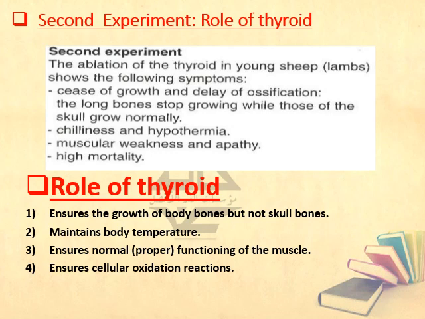It's important for the development of proper body bones, for maintaining our body temperature constant, for maintaining the proper functioning of the muscles, and for keeping the oxidation reactions taking place in a proper manner. And concerning the tadpole, it's important for metamorphosis. So till now, we recognize the location of the thyroid gland, the hormones secreted by such a gland, and its important functions.